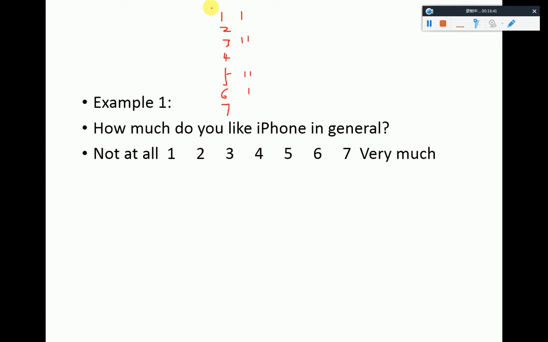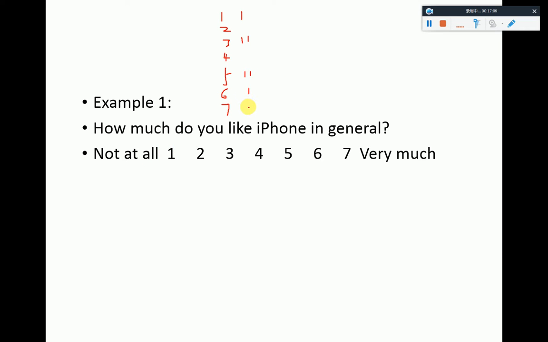So you see, immediately we're seeing some patterns here. Among the 6 of us, more people are holding a moderate attitude toward iPhone. Relatively fewer people are holding more extreme values, extremely likely or not at all.